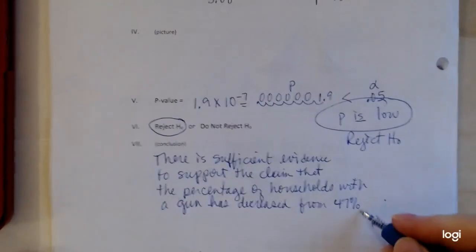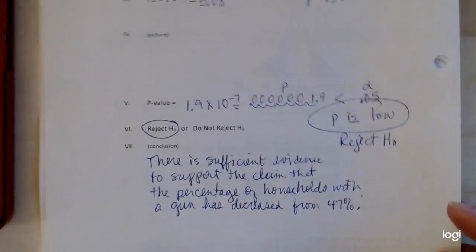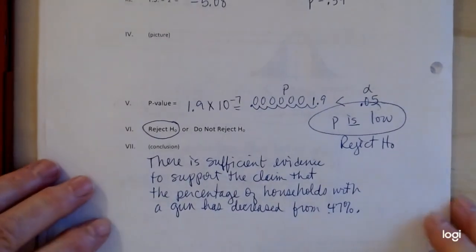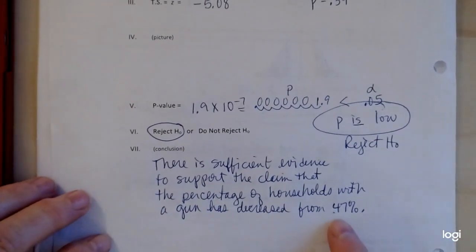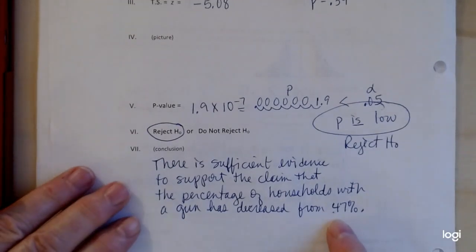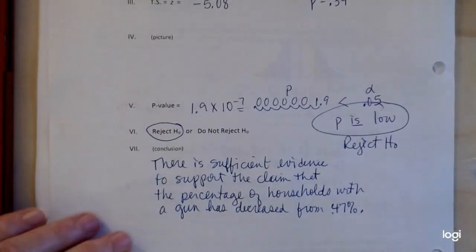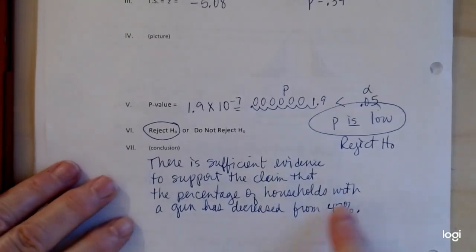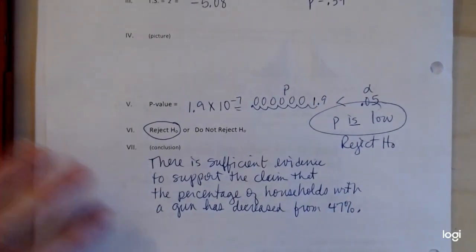Now, we don't have any way to say what it's decreased to. We only have one sample. Our one sample was 39%, but that's just one sample. But based on that sample and the parameters of the test, we can conclude that it has gone down from 47%.